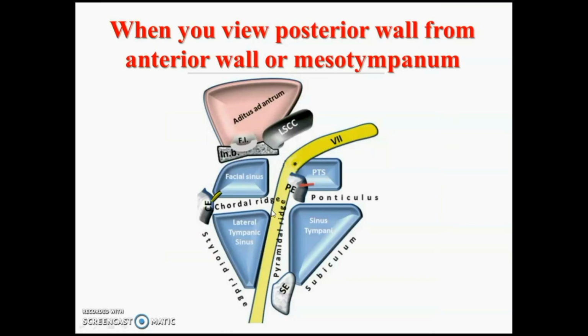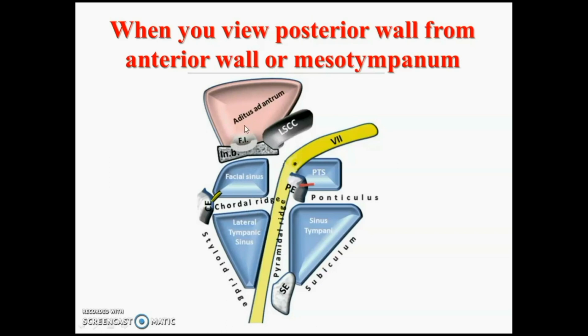When you view the posterior wall from the anterior side of the right middle ear, you are seeing three eminences there, pyramidal, caudal and styloid, and the facial nerve is running downwards and laterally. So the space between the caudal eminence and pyramidal eminence is called as facial recess there.